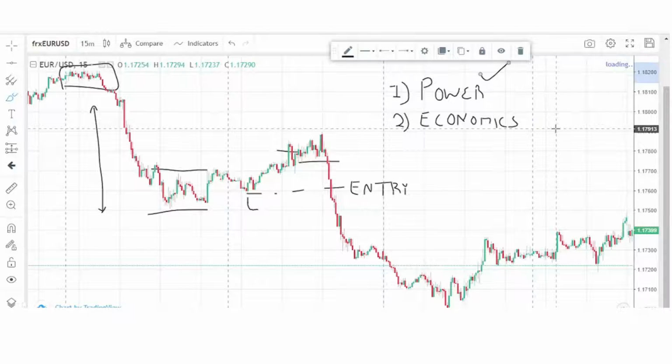You can also get the economic calendar from Forex Factory.com. So just go there and look up your economic calendar. I do teach about how to interpret the economic calendar in my trainings. So if you want more information on that, you will speak to me.